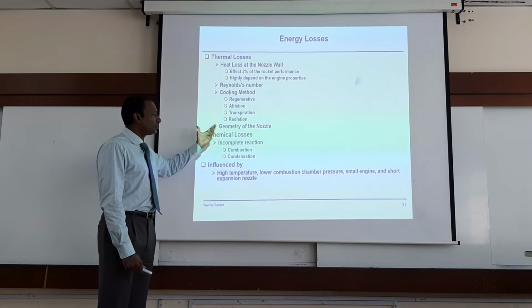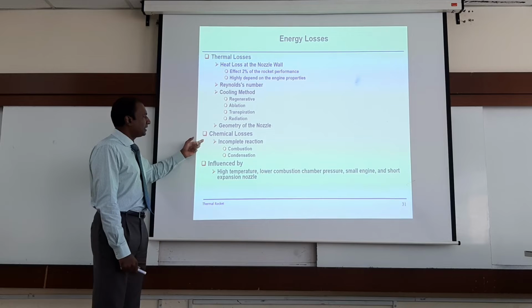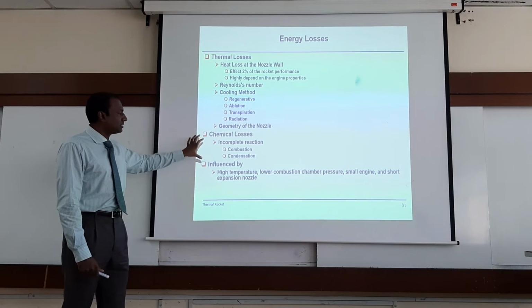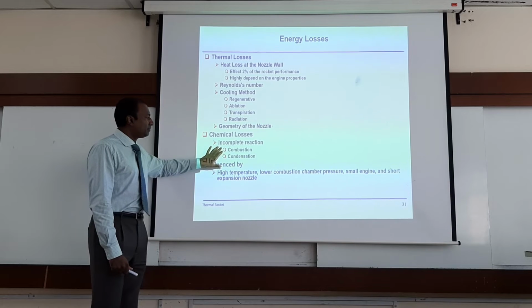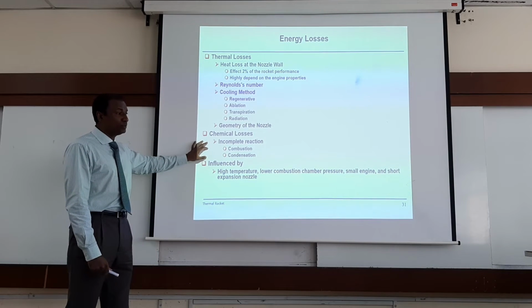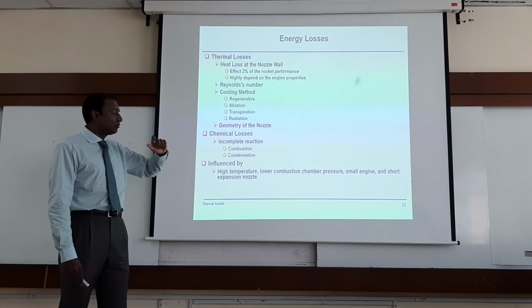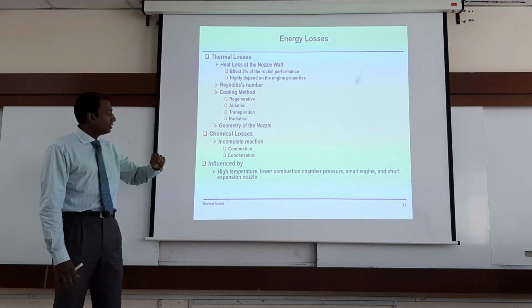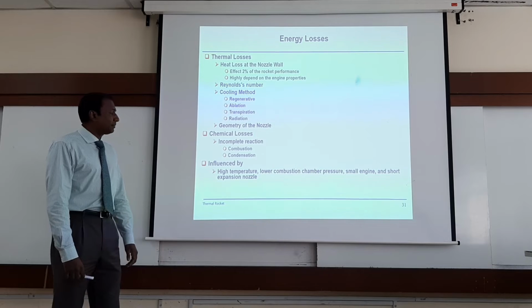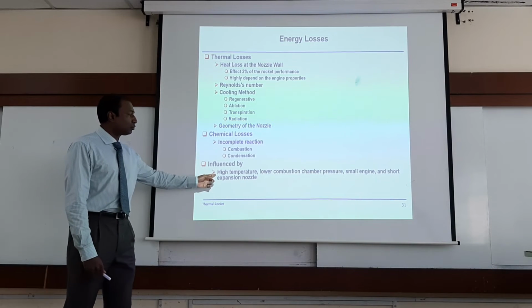Then the geometry of the nozzle, just like what we have discussed. And there are a lot of chemical losses, which actually happen in the engine. Obviously, when we have incomplete reaction, this depends on the quality of the fuel you inject. Later, I will also share the typical fuels that we use. It is also influenced by high temperature, and high temperature means what?